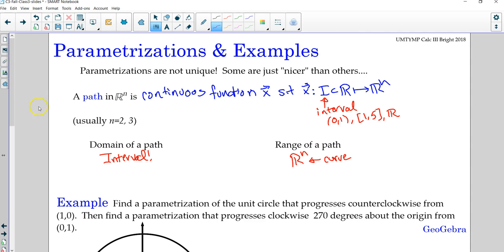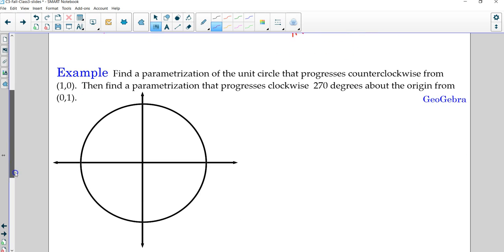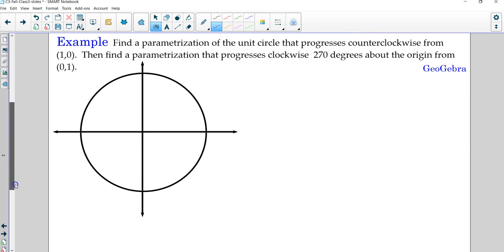So we're going to look at the unit circle and find a parametrization of it that progresses counterclockwise from 1, 0. So I'm thinking I start here and I'm going to go that way around the circle. I think you might actually know a parametrization for x and y.